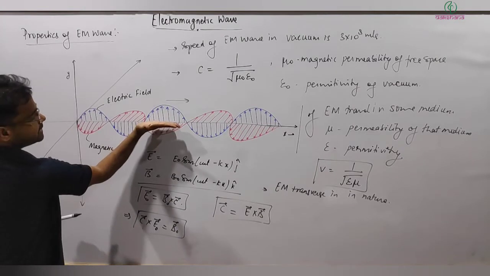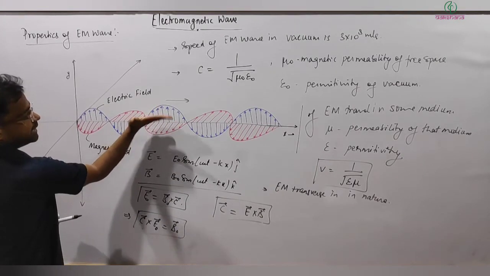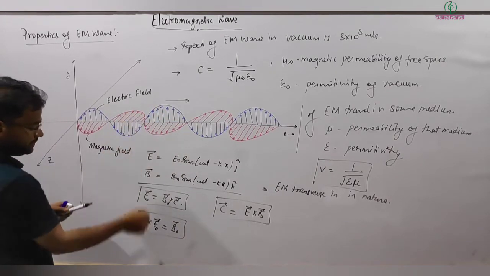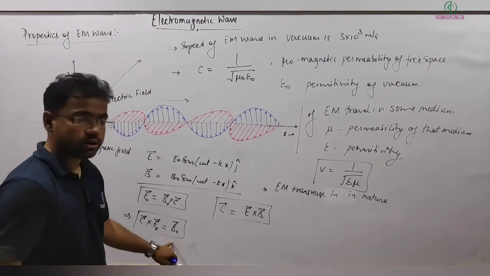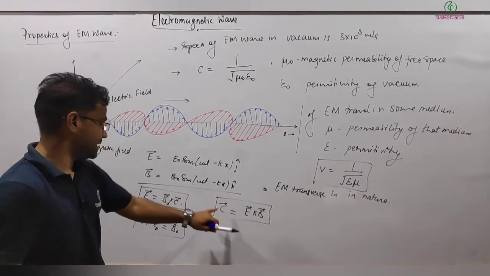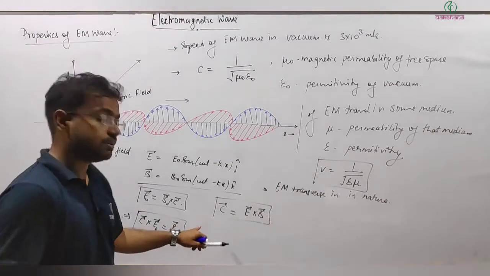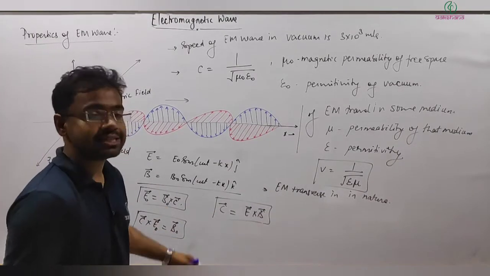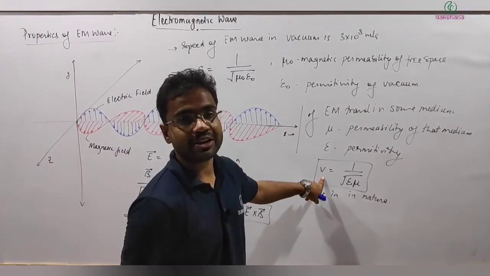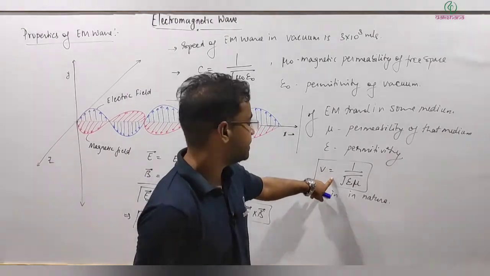C is in this direction, E is in Y direction, X, Y, and then Z, we are getting exactly B naught direction. So this is the relation between electric field, magnetic field, and C, the speed of light. Speed of electromagnetic wave in some medium is given by this expression.